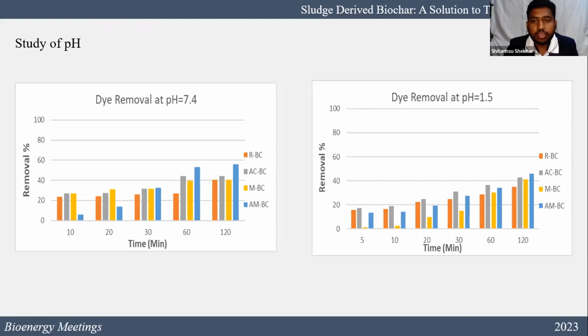We can see different colors for raw biochar, then activated, then magnetic, then activated magnetic. What we can see is that the removal at 7.4 pH is greater in comparison to 1.5. It reflects that the dye was basic, so it gave better results at the greater pH, 7.4.